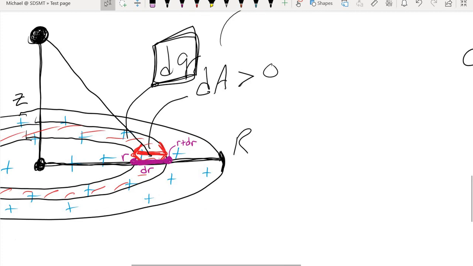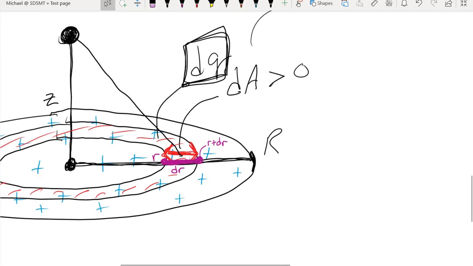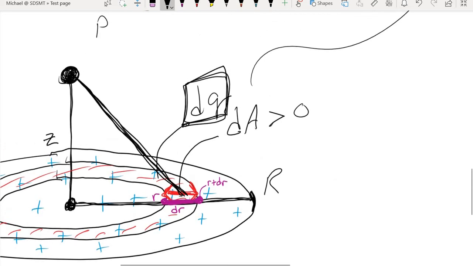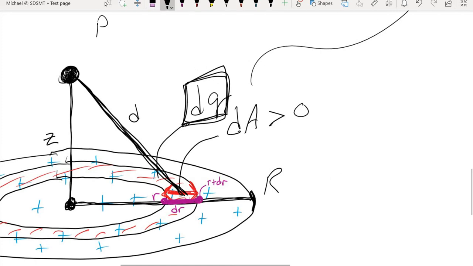Since we're using little r to describe the changing radius of the disk, I need something else to measure the distance between our charges and where we're trying to measure our field. So I'll just use d for distance.